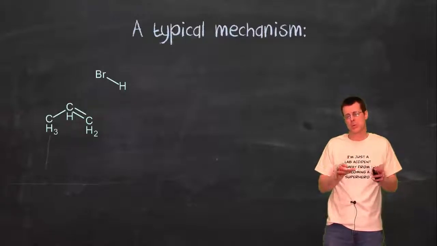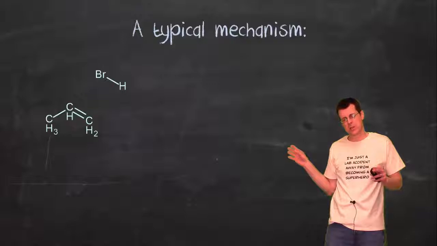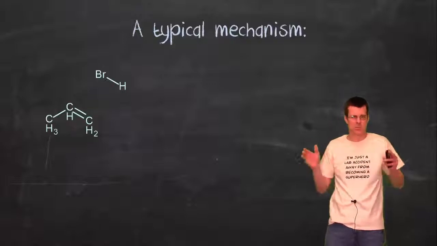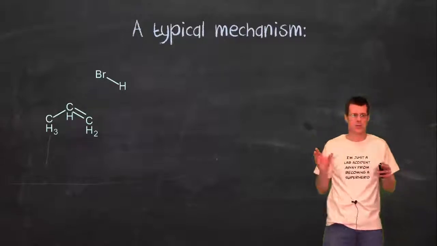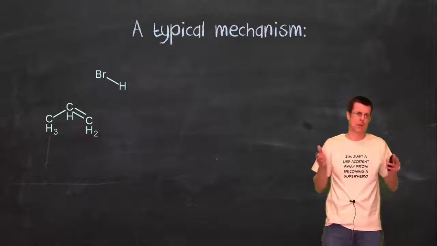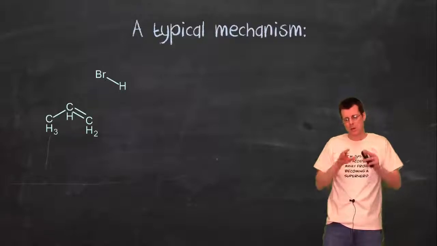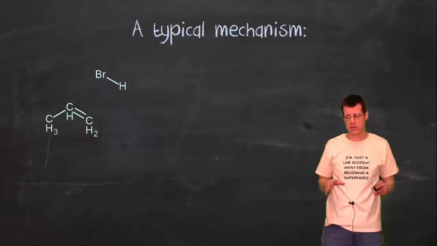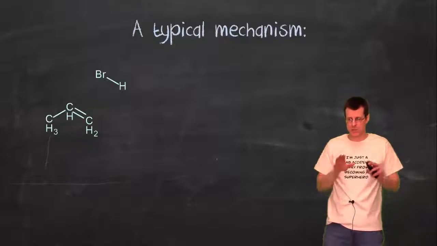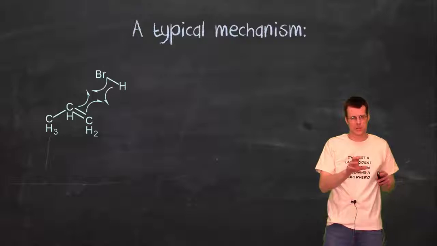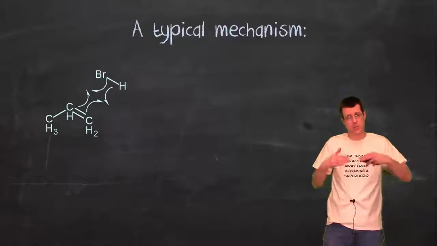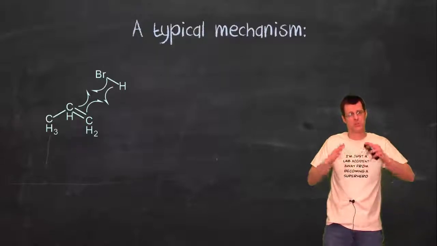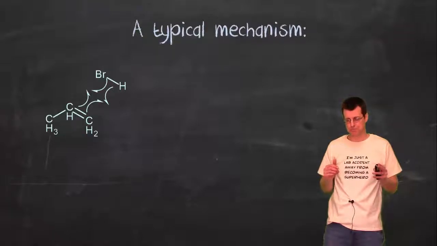Now what's going to happen is I've got electrons in the double bond that are semi-available, and I've got electrons in the hydrogen bromide that I could make available as well. Why they're available is a story for another time, and we'll come back to that hopefully at another time. But what happens is the double bond electrons move from being shared between those carbons to somewhere else on those carbons.